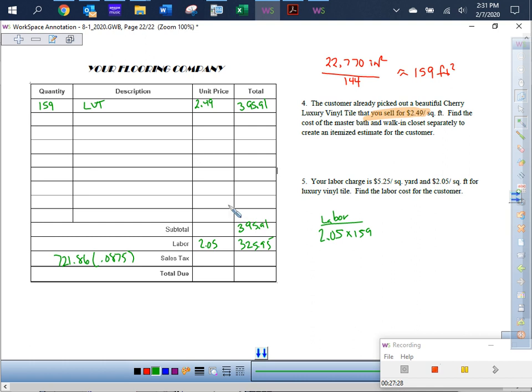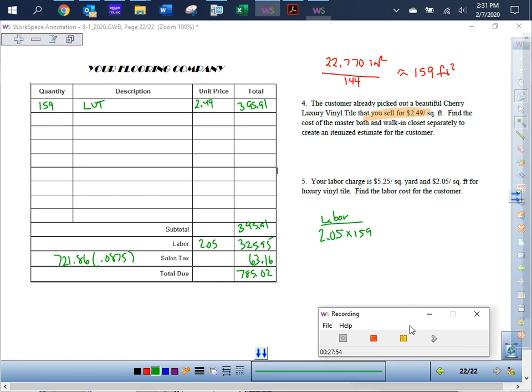Punch that in, and I get $63, and I'll round it to 16 cents. And then if you add all that up, I got $785.02 for them to do that project. So it's a lot of calculating, and just watch the carefulness that you're converting square inches into square feet or square feet into square yards. If you have questions about that, you just got to let us know.